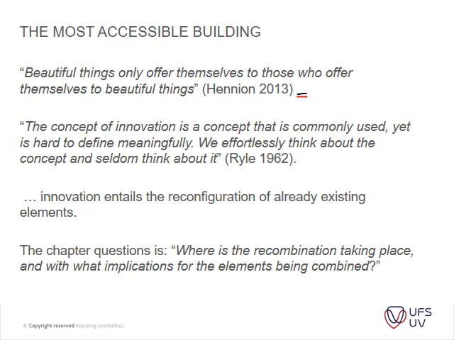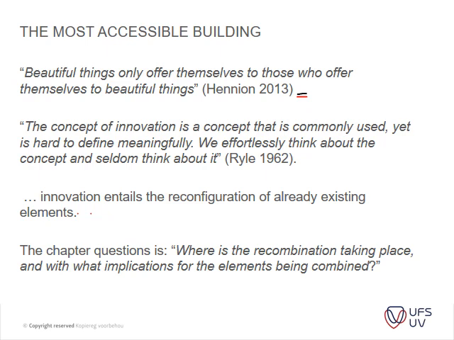A third point is that innovation entails the reconfiguration of already existing elements. We've talked about that extensively, but this specific chapter is where the recombination takes place, and questions with what implications for the elements being combined.